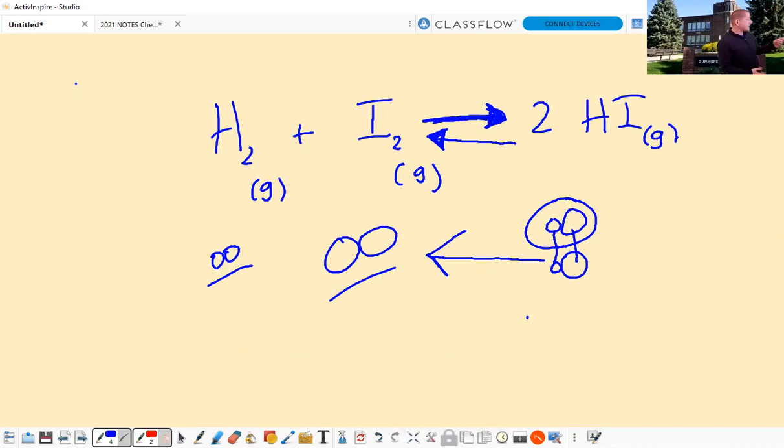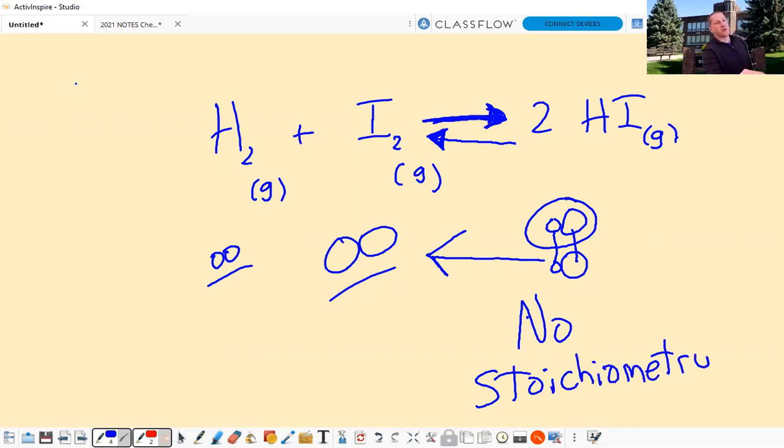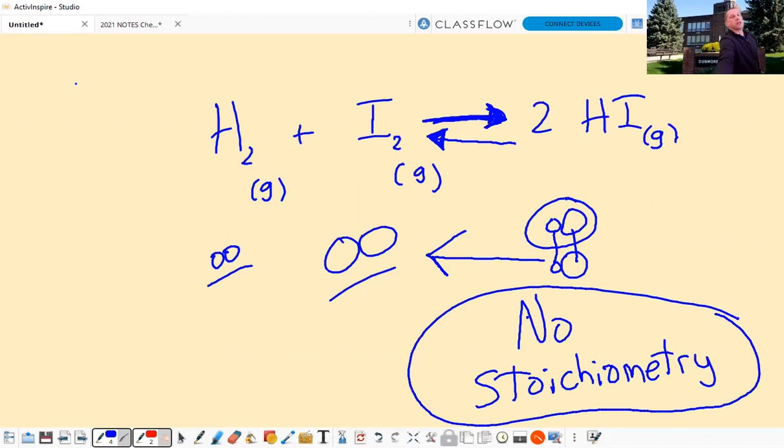All right, now how does that complicate things? Well, here's how it complicates things. What I have based for you, really your last 2 years of your life dealing with chemistry, was stoichiometry. And I showed you all year long how to get really good at stoichiometry to be able to calculate pretty much anything you come across, with the exception of equilibrium. So stoichiometry doesn't work anymore.